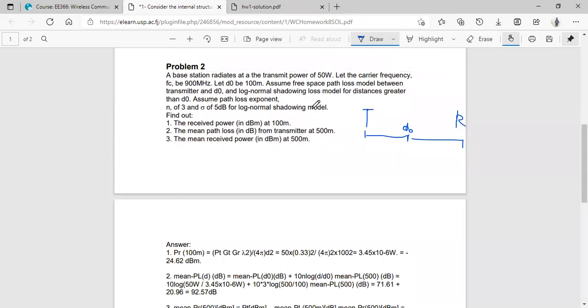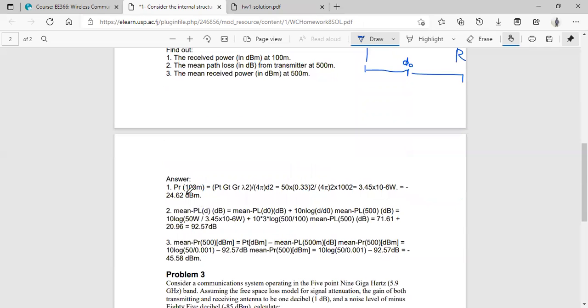So the free space path loss model formula is basically PR upon PT, the receiver power divided by the transmitter power, is equivalent to the gain of the transmitter multiplied by the gain of the receiver multiplied by lambda squared, the whole thing divided by 4 pi d squared, right?